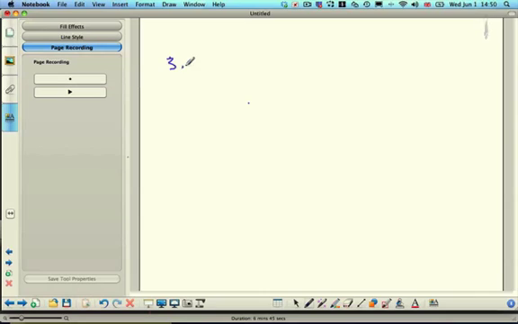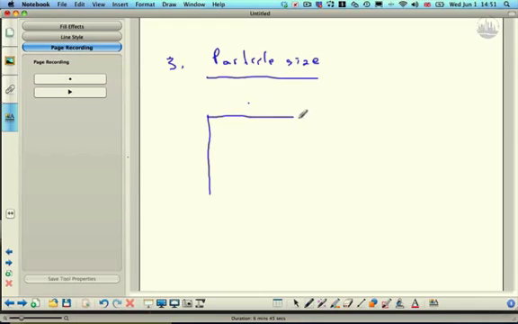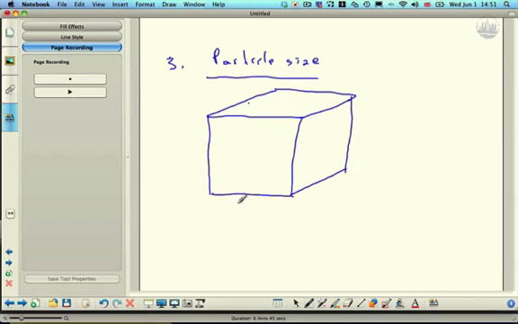So, the next one is particle size. Now, particle size is, again, it's all about collisions. Rates is all about collisions, collision theory. A good example is this: if you take a cube, now this cube has got sides of 2 by 2 by 2.